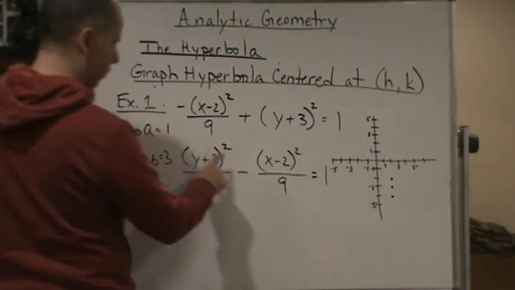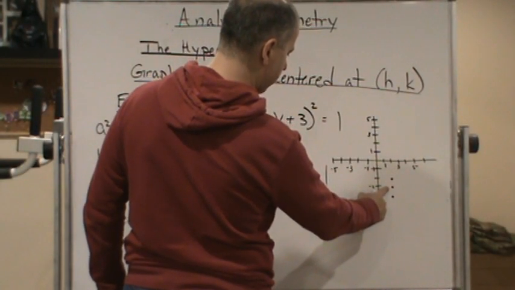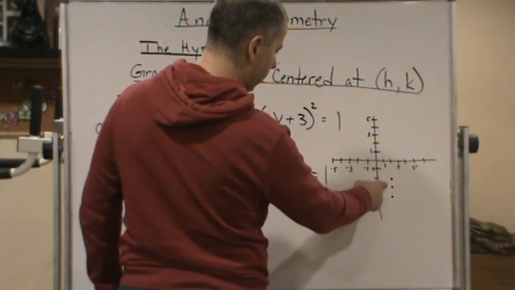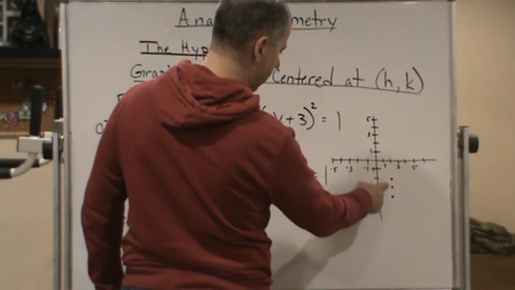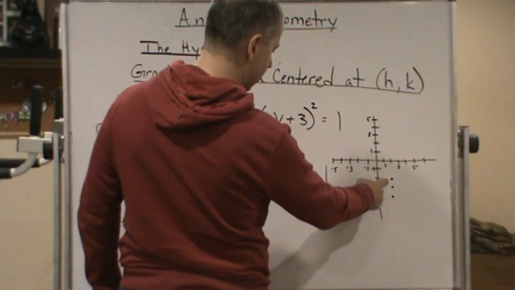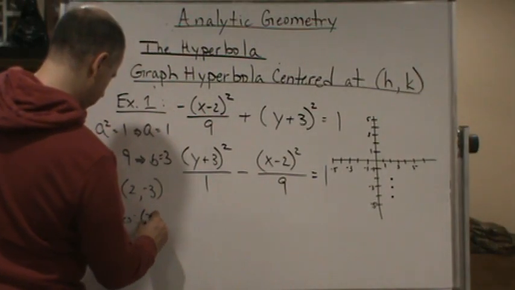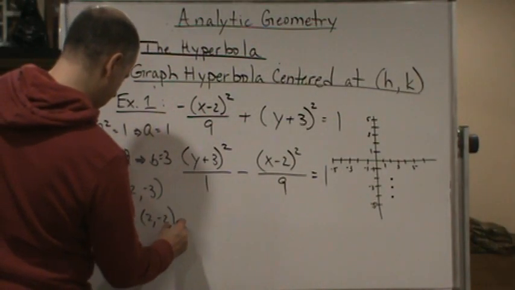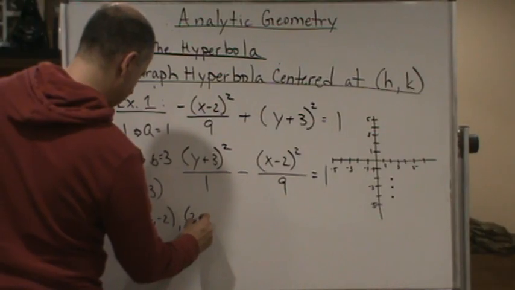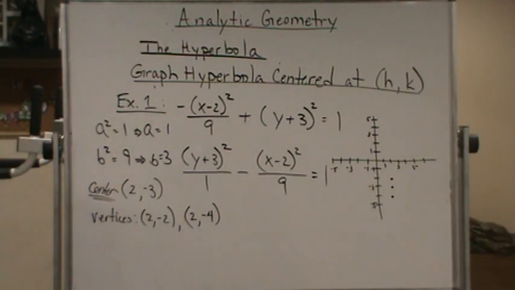If the center is at (2, -3), and it's going vertical, then we go up 1 and down 1. So one vertex is going to be at (2, -2), and the other vertex is going to be at (2, -4).